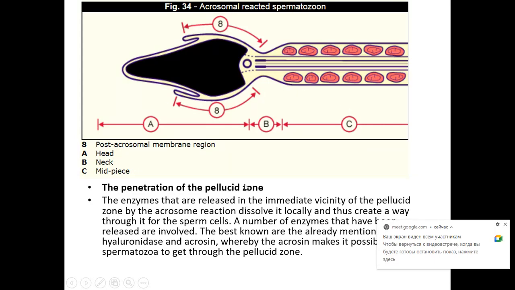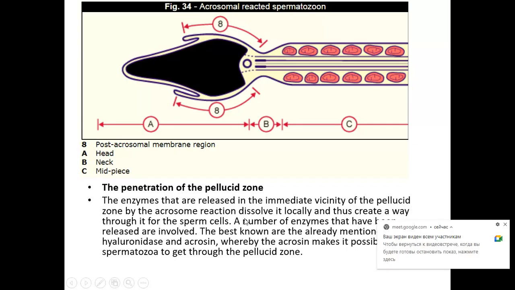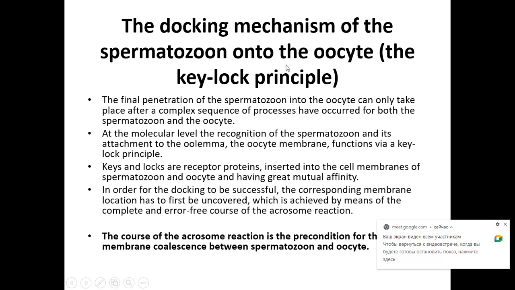So penetration of the pellucid zone is happening. And we have a docking mechanism of the spermatozoon onto the oocyte. Docking means a total fitting of the protein with the protein receptor. It docks, and then it has the opportunity to insert inside.